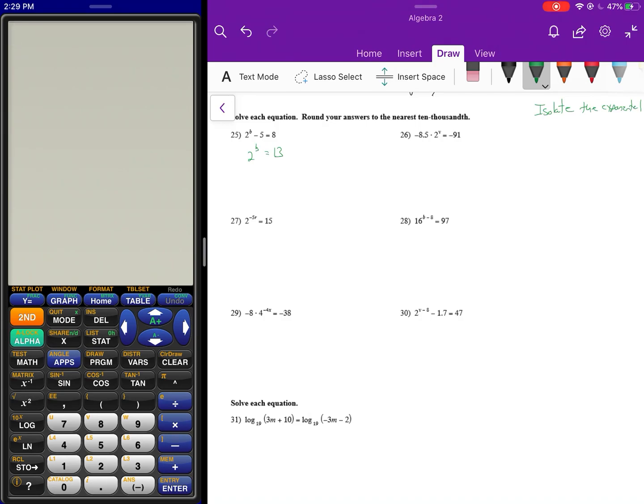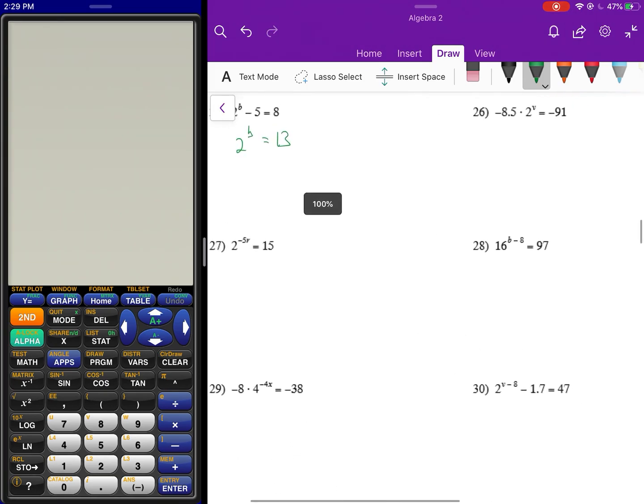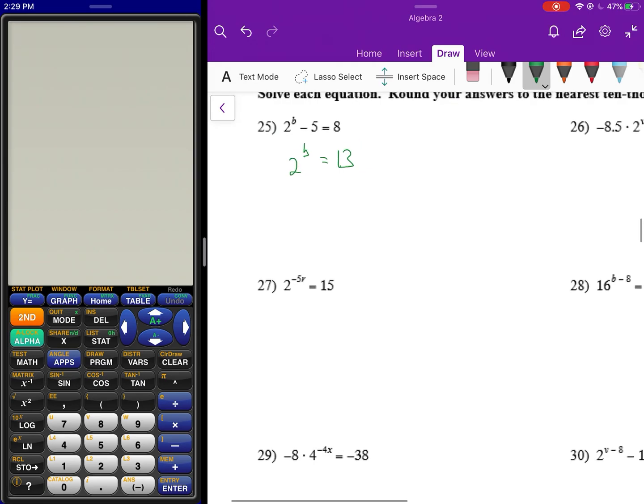For number 26, we would divide both sides by negative 8.5 to get the exponential by itself. For 27 and 28 and 29, the exponential is already by itself, so you don't have to do that step. It's already isolated. But once we do that, we still have a couple options.